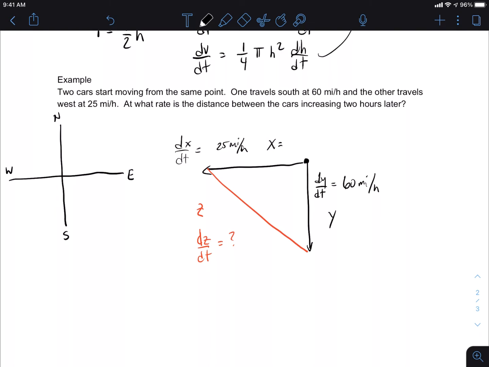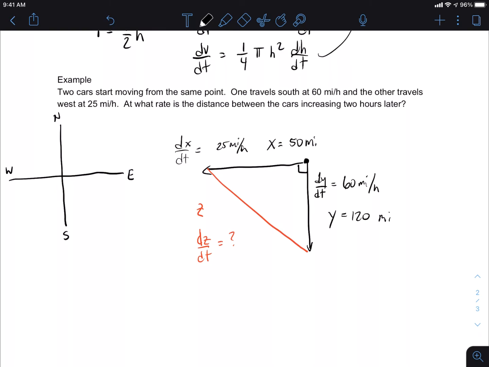So the question is, the y in 2 hours will be at 120 miles, and the other one at 50 miles in 2 hours? That's right. So this one will be at 120 miles, and this one would be 50 miles, right? Does everyone understand how that was achieved? Okay, good. So now that we have that information, since we're going south and west, we know that we formed a right triangle, correct?